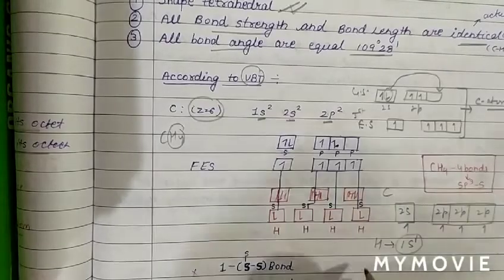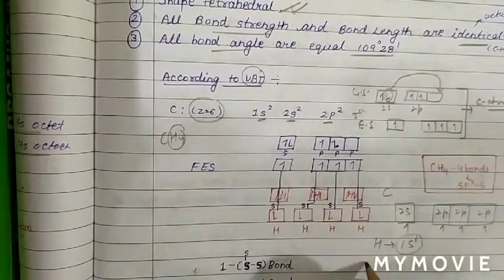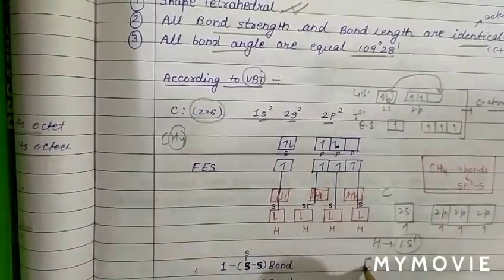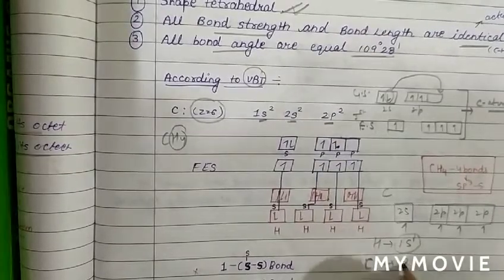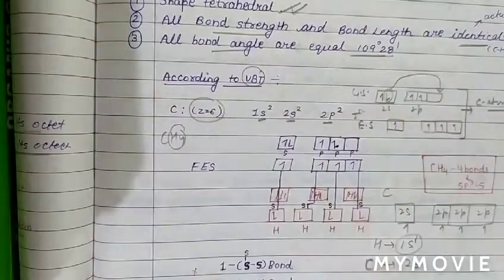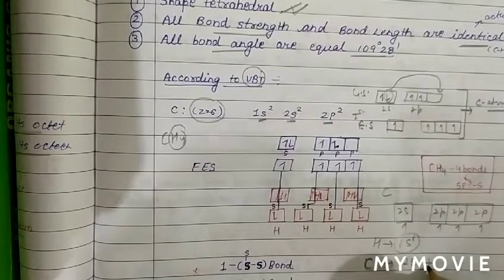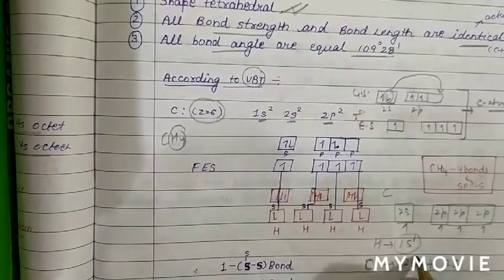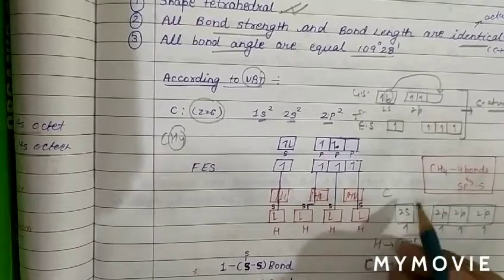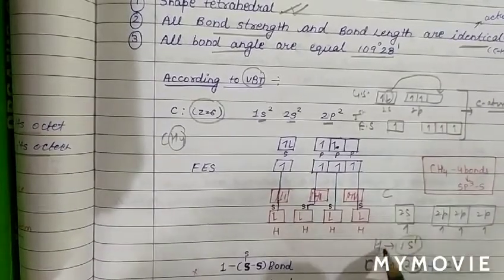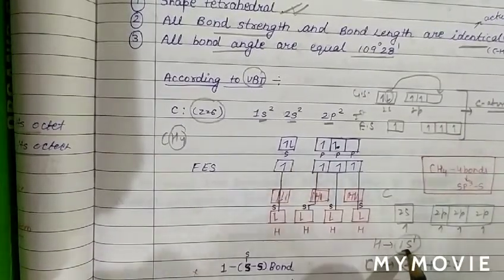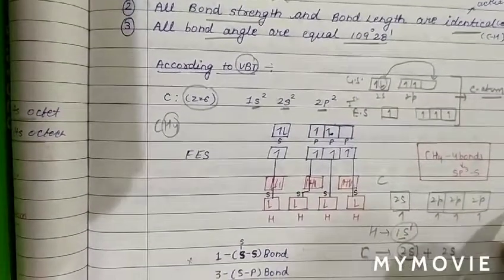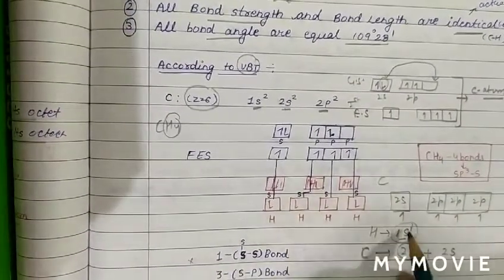So the carbon 2s orbital will overlap with the 1s orbital of hydrogen, as there are 4 hydrogen atoms.